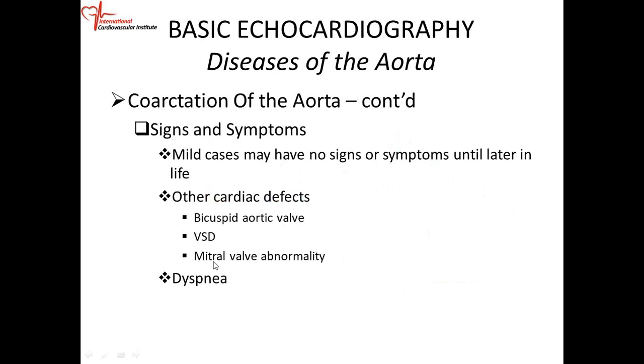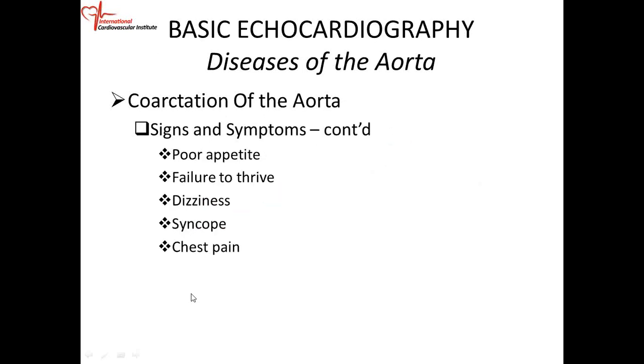Sometimes you can get a VSD, you can get some mitral abnormality. If the coarctation is more than mild, you can get dyspnea, shortness of breath. Poor appetite if it's significant. Failure to thrive, that is, don't gain weight.